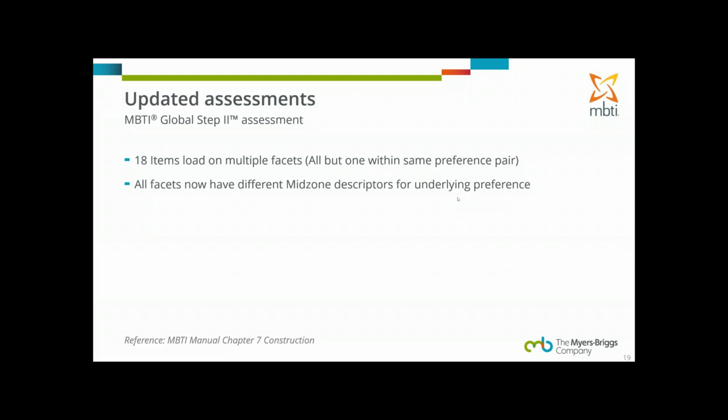That's not necessarily the research work, but that's an improvement in what's in the report. So much more clear mid-zone descriptors for each of the facets. And we made some changes to the report, including some extra facet information around applications. So the step 2 report has been expanded and made much better than what we had on the Form Q report.